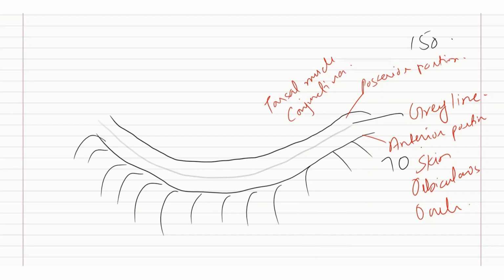So here we have the meibomian orifices. Posterior to the gray line, we have meibomian orifices from which the meibum, or oil layer of the tears, is produced.